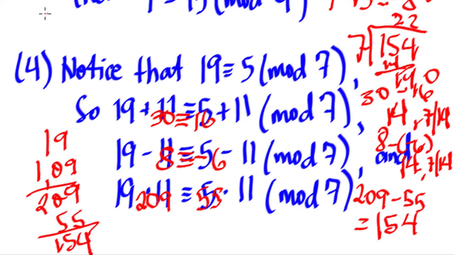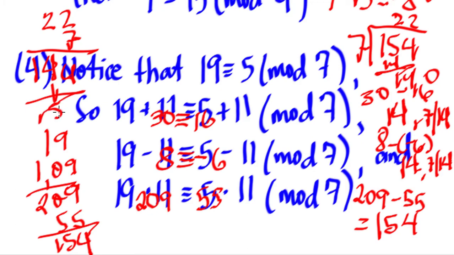If you want to recheck, 22 times 7 gives us 154. So indeed, 7 divides 154.